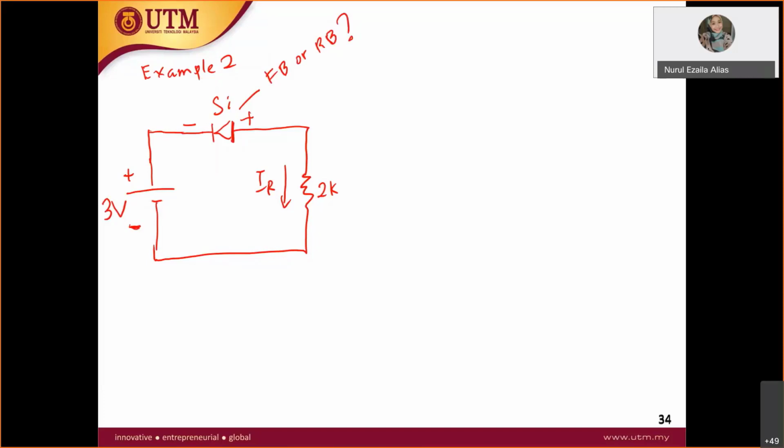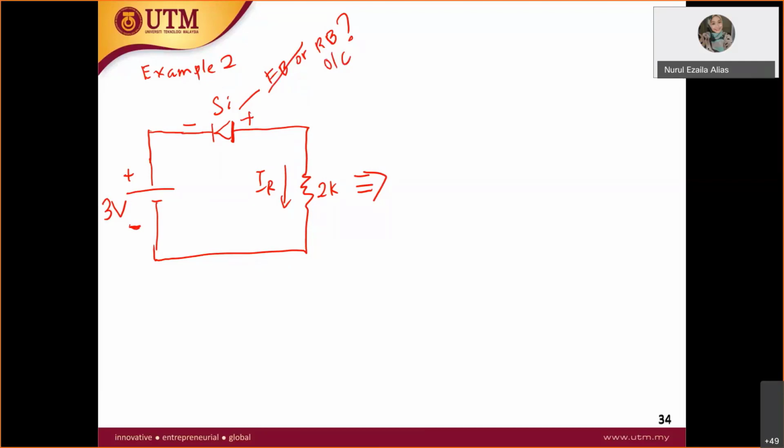So what will the diode turn into? Is it forward bias or reverse bias? Reverse bias. Therefore, it will be an open circuit. When I write O/C, it means open circuit.